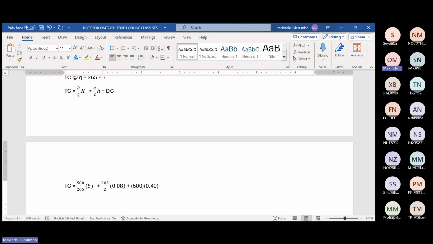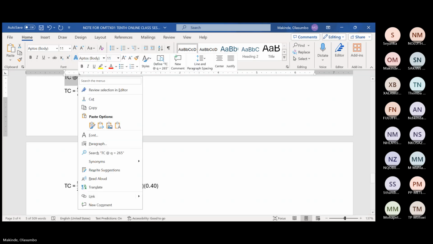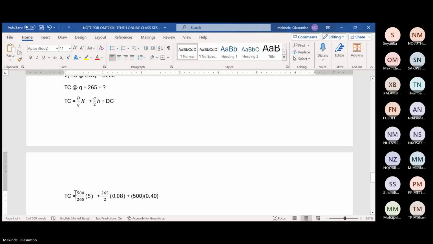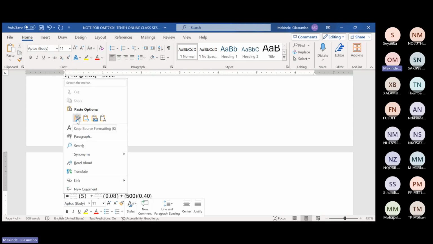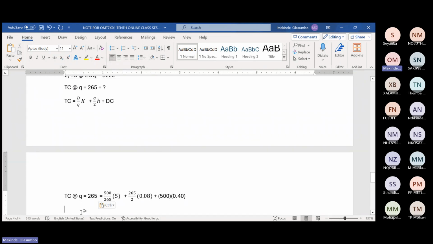Now you can go and find your TC at Q equal to 265. So press the calculator. What is the answer for this?